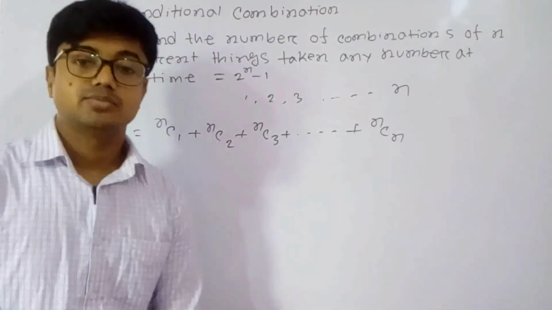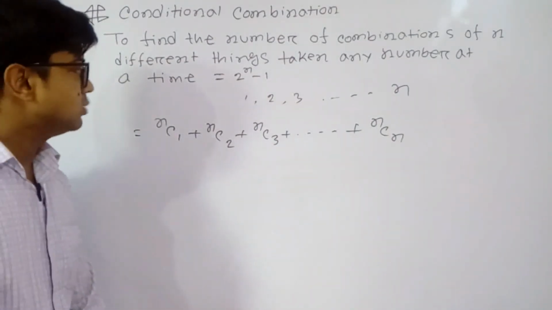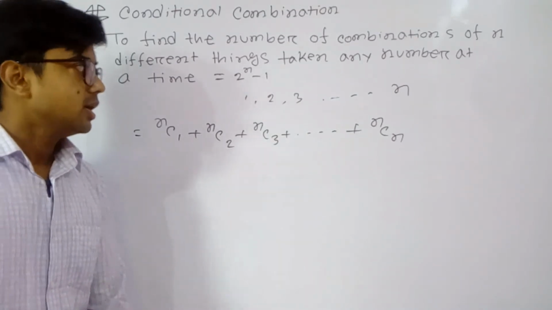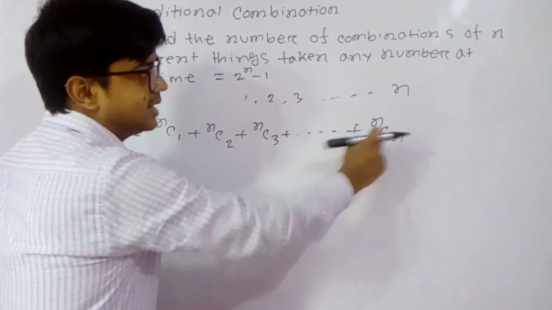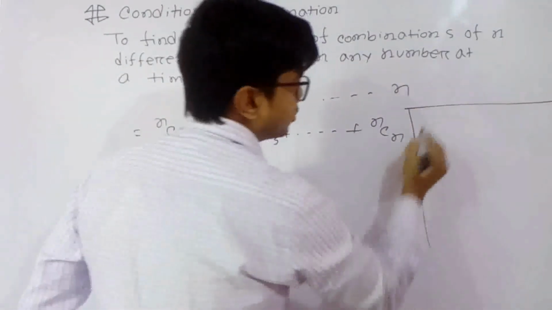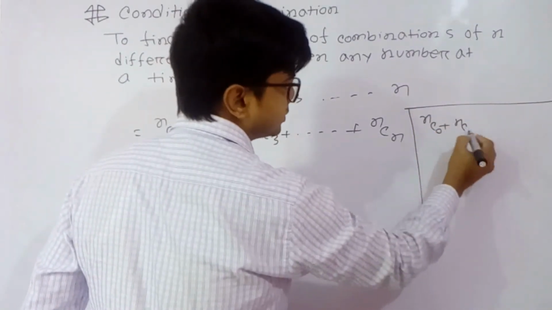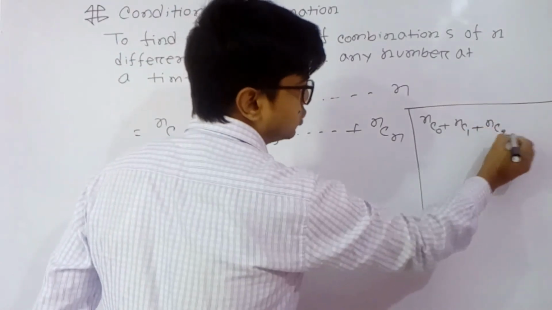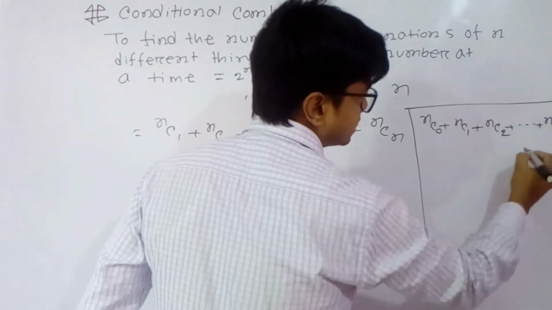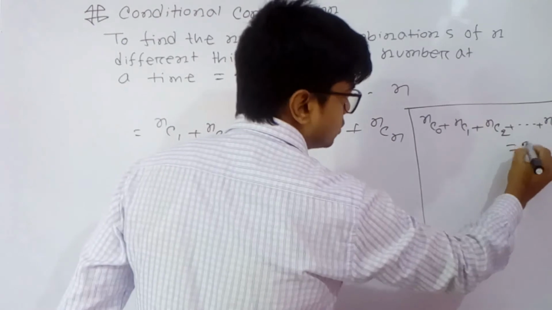But we know that from binomial, nC0 plus nC1 plus nC2 plus nC3 plus and so on plus nCn equals 2 to the power n.